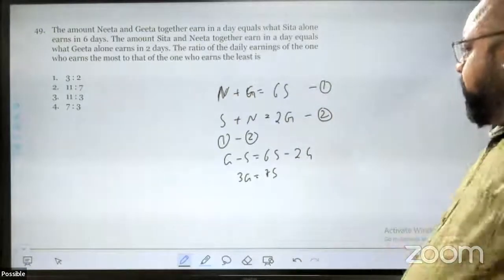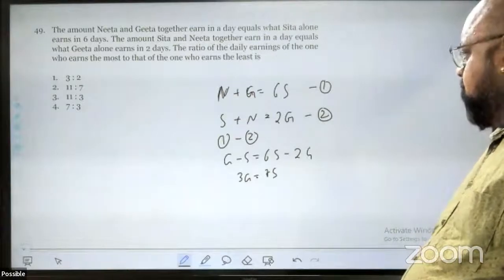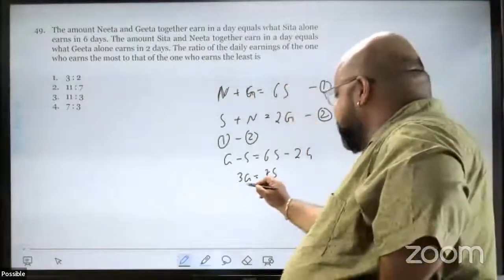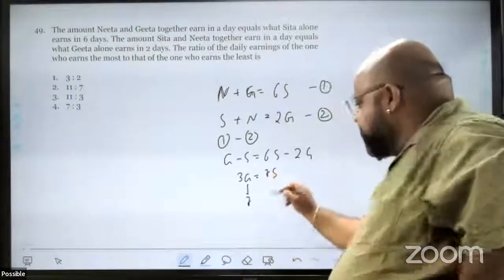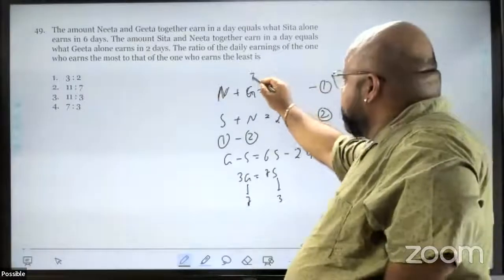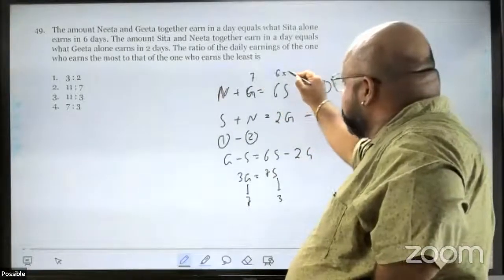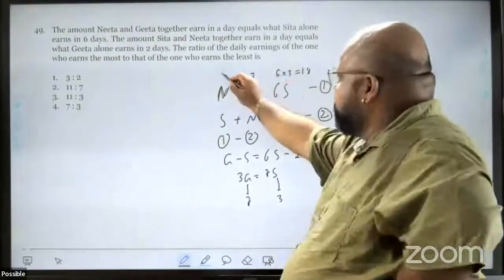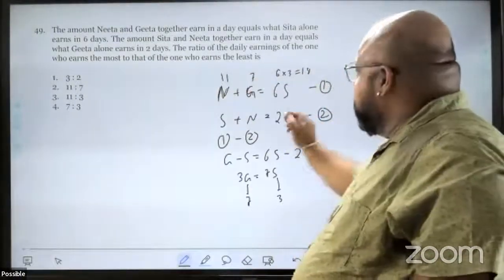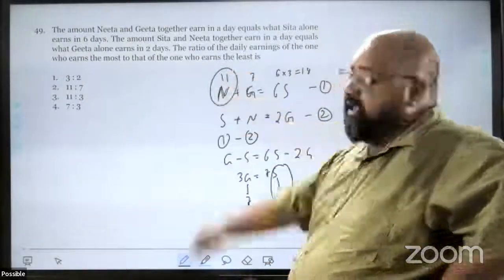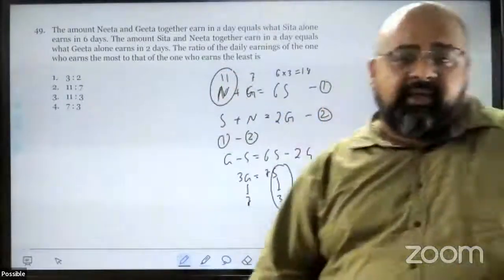Now, if we take the value of G as 7, the coefficient of S will come out to 3. I put the values here. G is 7. This is 6 into 3, which is 18. Therefore, N will be 18 minus 7, which is 11. And therefore, the least earning person is S with 3. The most earning person is N with 11. So the ratio becomes 11 is to 3.